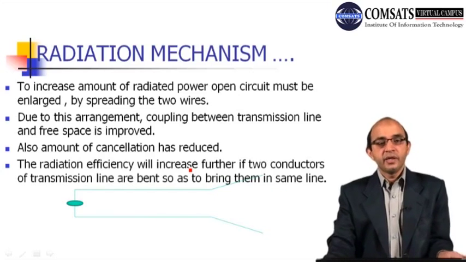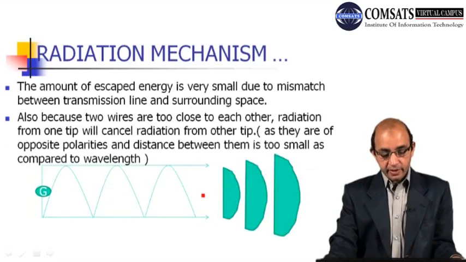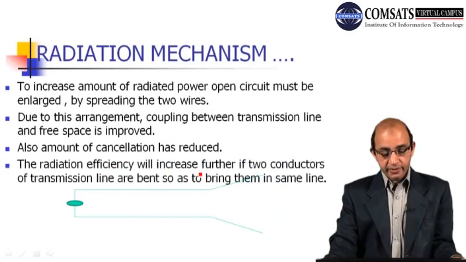So we have to take corrective actions in order to increase the amount of radiated power. You can see that over here the wires are not bent, so we give them more bend in order to have more space between the two tips or two ends. The two wires are separated by a large distance.